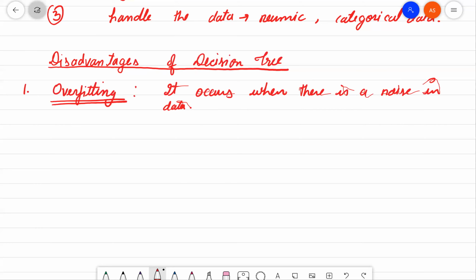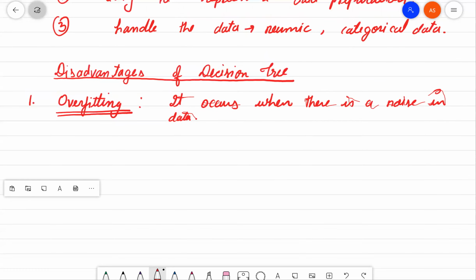Next disadvantage is high variance. High variance means the model can get unstable due to small variance in the data. If we vary the data, then the model will be unstable. It will not produce the output as desired.